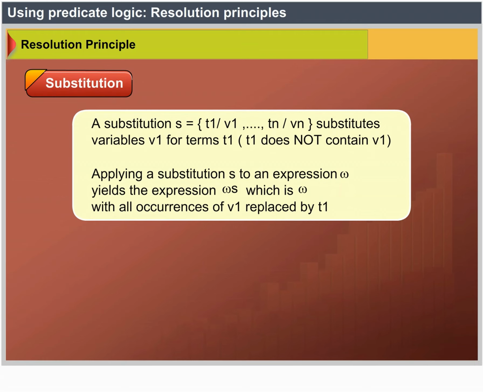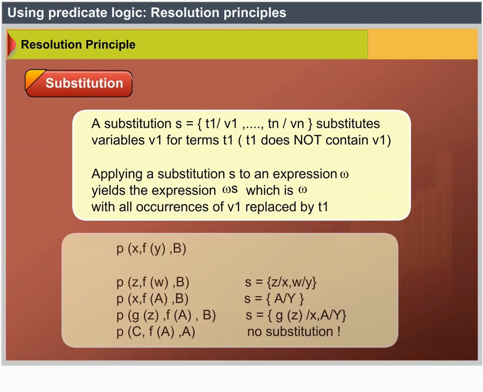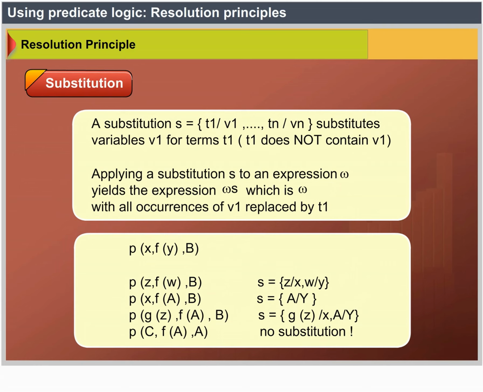Applying a substitution S to an expression omega yields the expression omega S, which is omega with all occurrences of V replaced by T. For P(x, f(y), b) and P(z, f(w), b), S = {z/x, w/y}. For P(x, f(a), b), S = {a/y}. For P(g(z), f(a), b), S = {g(z)/x, a/y}. For P(c, f(a), a), no substitution exists.